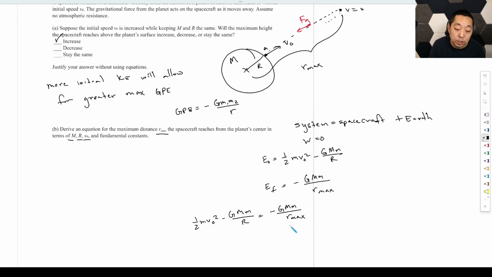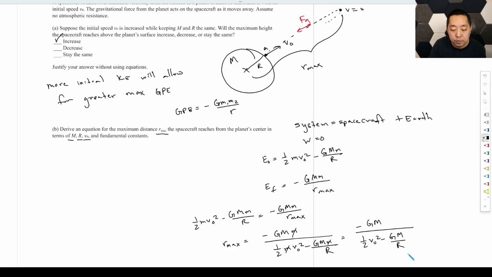There are a lot of ways you can do this. You can multiply by R max and divide over here. So R max is going to be negative G big M over little m, and then divide this whole thing over 1/2 m v0 squared minus G big M little m over R. Now the little m's can cancel, so I would do that because it allows you to see that it's not going to depend on how massive the object is.